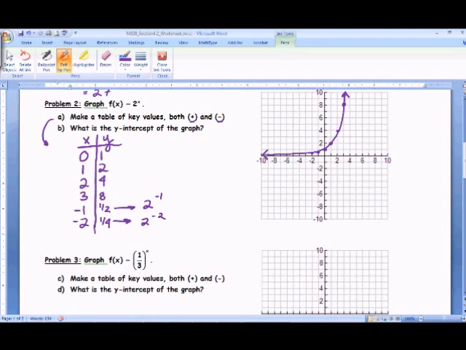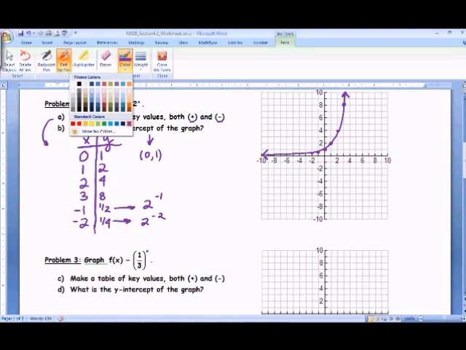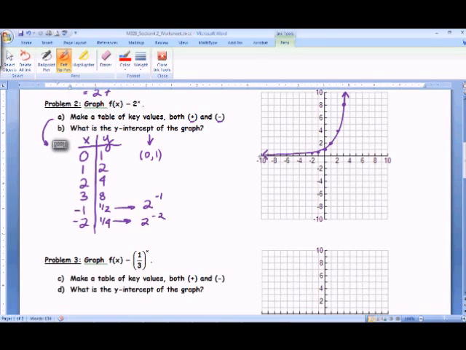It's important to note where your y-intercept is. We have a y-intercept at the point 0, 1. Some other things that you might notice is this graph has a horizontal asymptote, and that horizontal asymptote is at the line y equals 0.